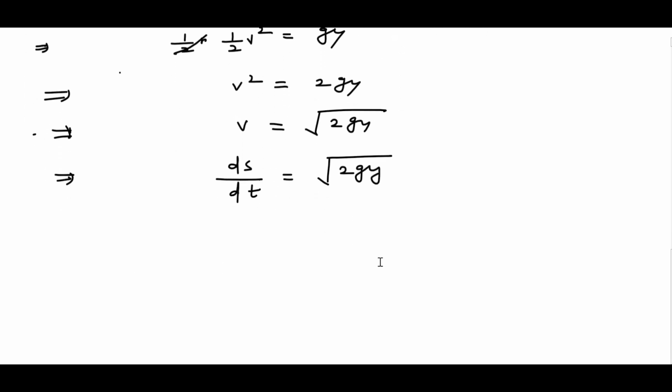So finally we can write dt is equal to ds over square root of 2 g y.